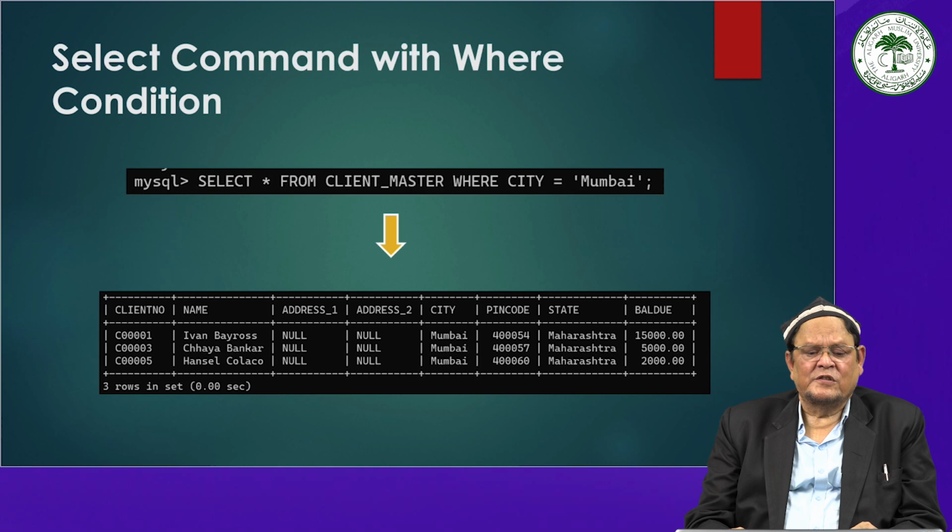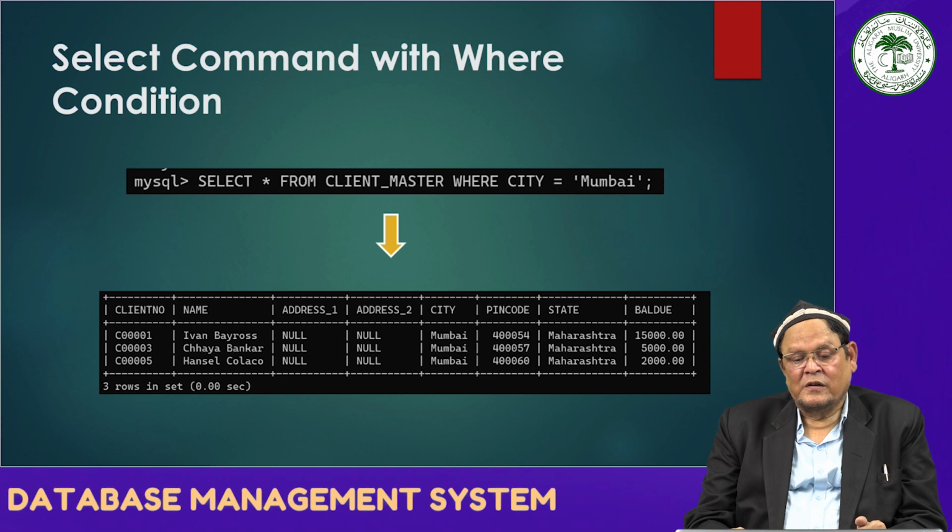When you press return, you can see client number, name, address 1, address 2, city, pin code, state and balance. All the attributes will be shown for the clients who are living in Bombay. Here 3 rows will be displayed because the city condition is Bombay.